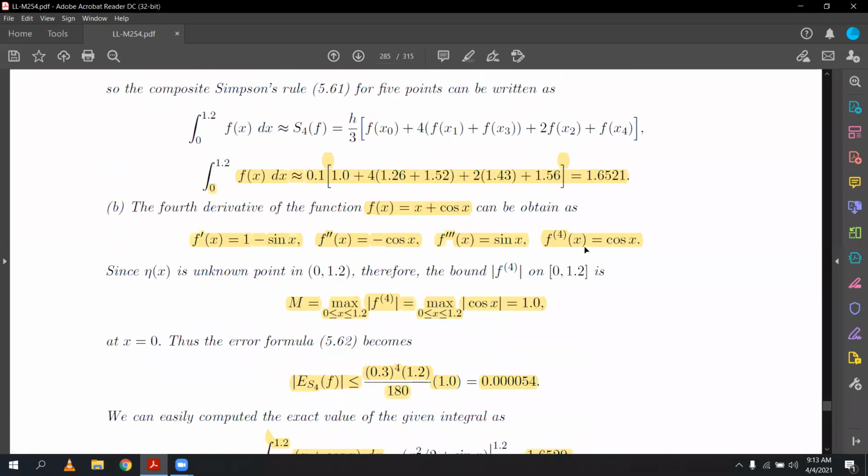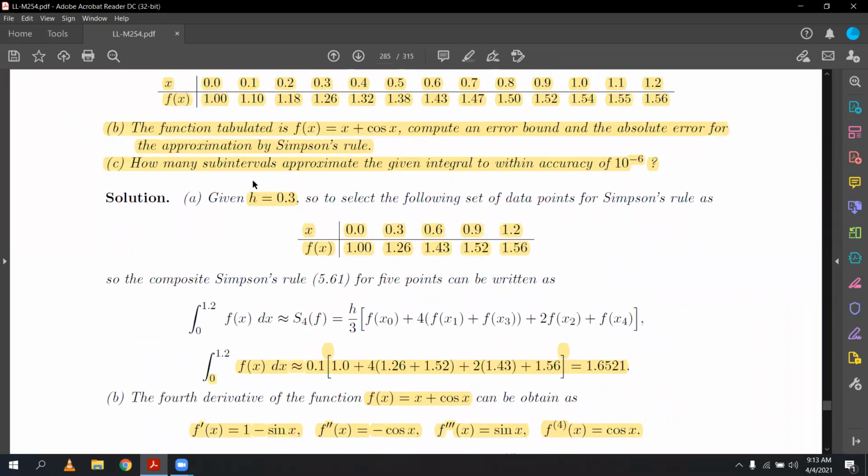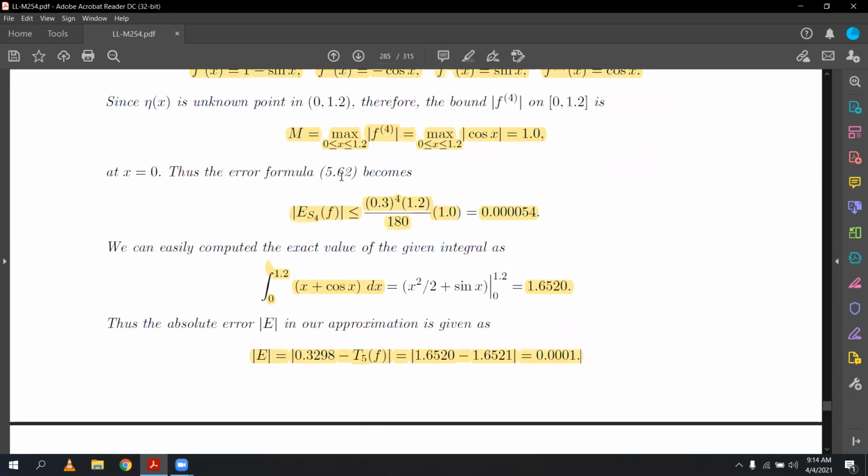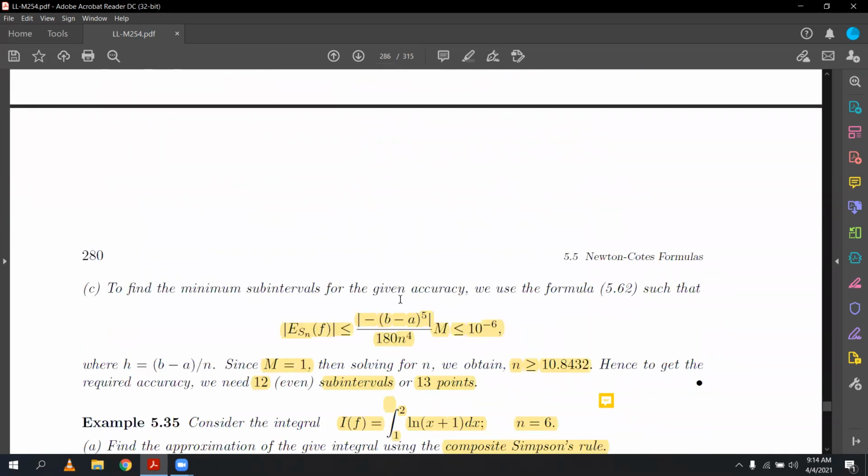What is the third part? The third part, same: how many subintervals are needed to approximate the given integral within the accuracy 10 to the minus 6. And for this, we have to use this formula. This is the error bound formula in terms of n.